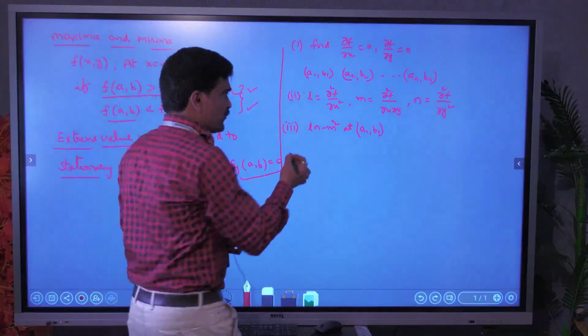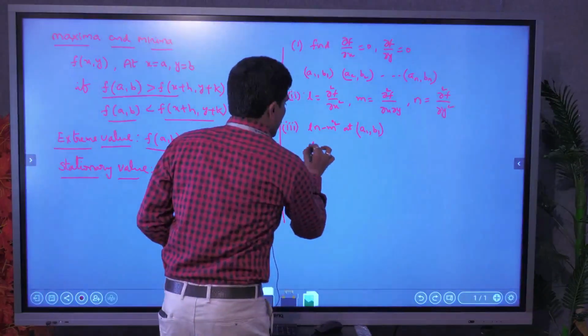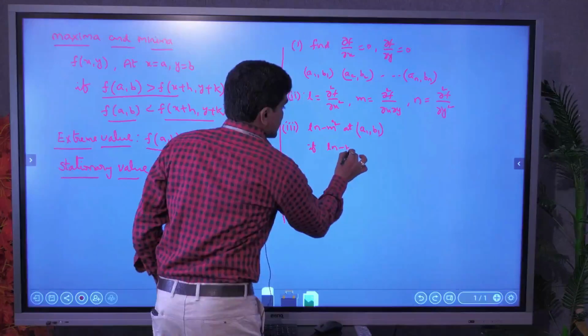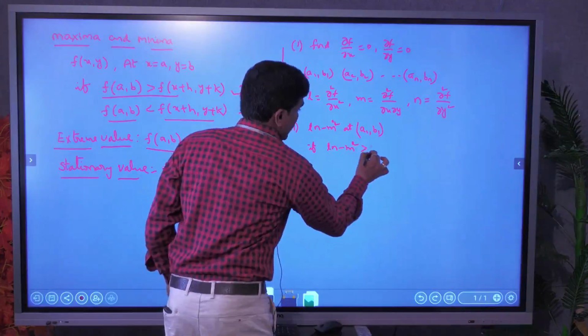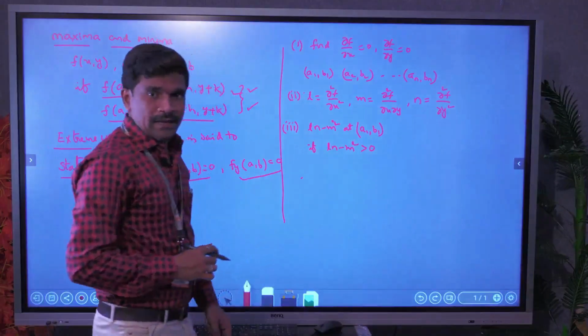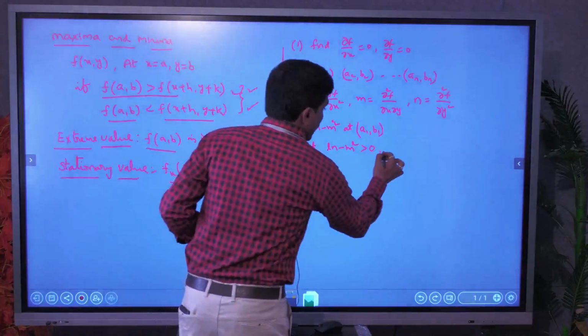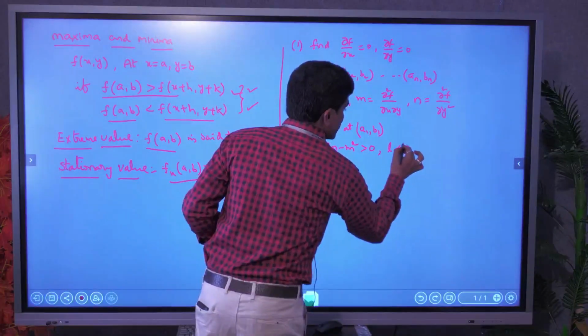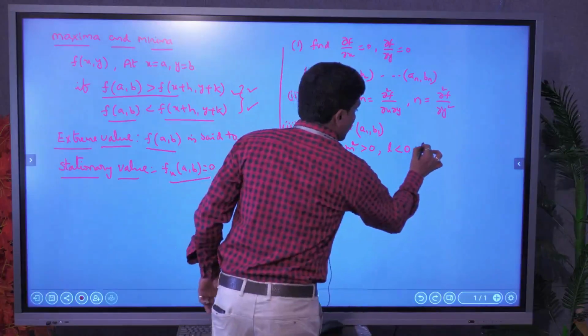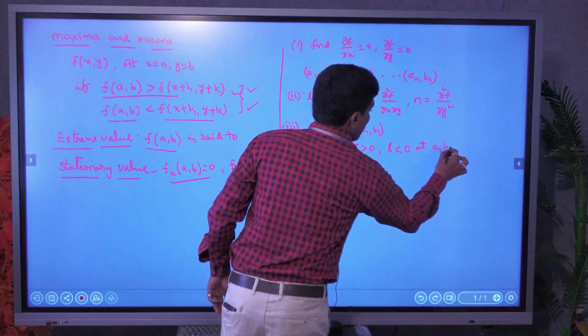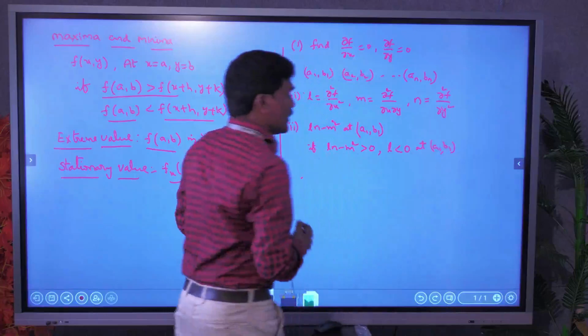So then if ln minus m square is greater than 0, ln minus n square is greater than 0 and L is less than 0 at a1 b1, right?